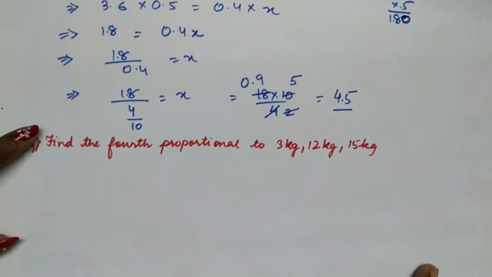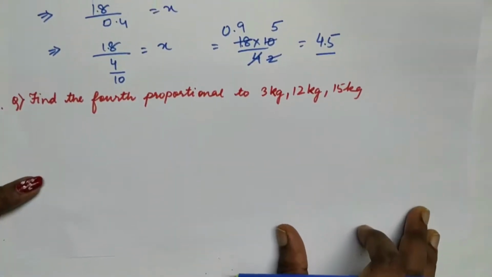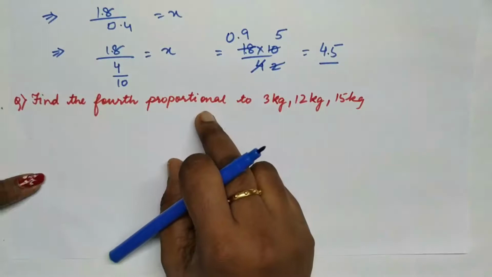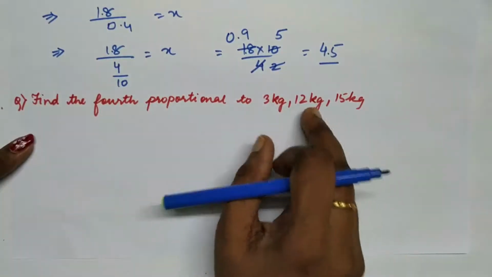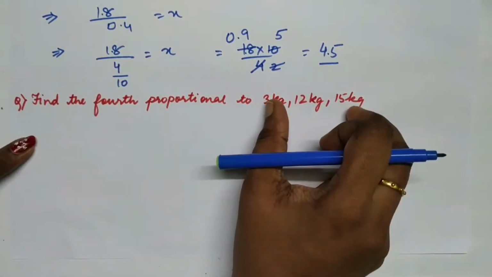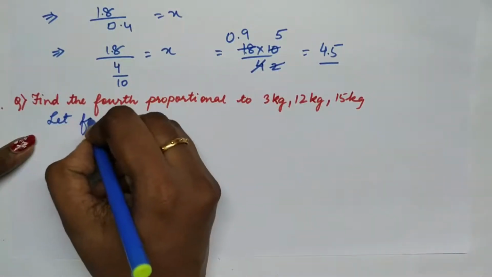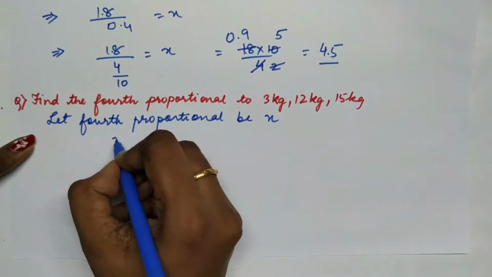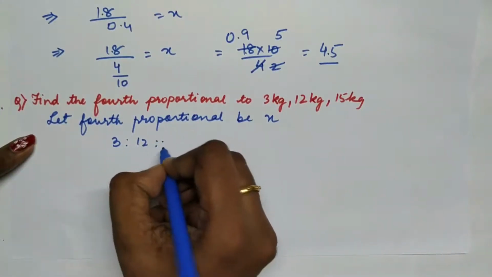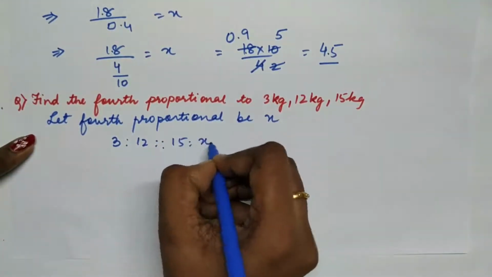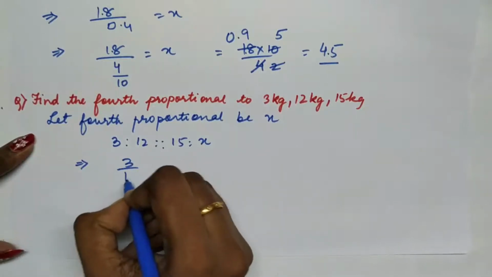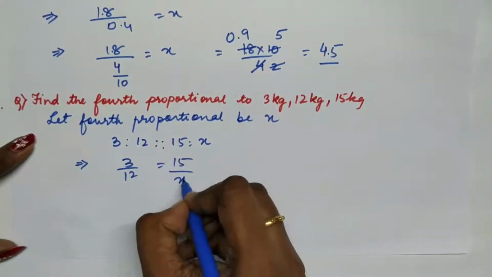Now in the next question, we have to find the fourth proportional to the given quantities. Here 3 quantities are already given and we need the fourth. So let the fourth proportional be x. I can simply write it in proportional format, which implies that 3 by 12 is equal to 15 by x.